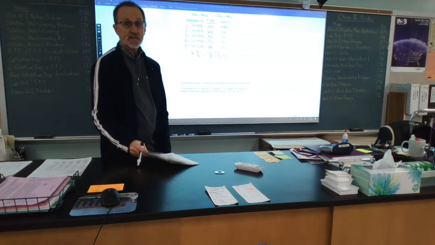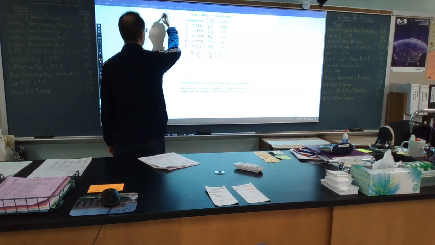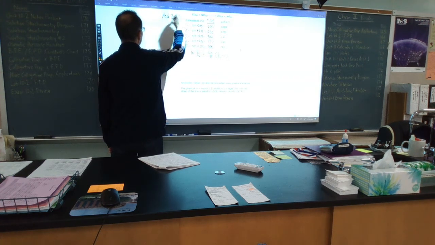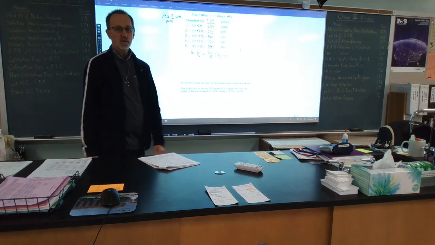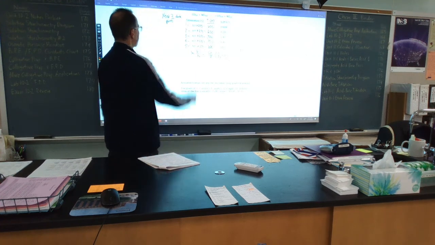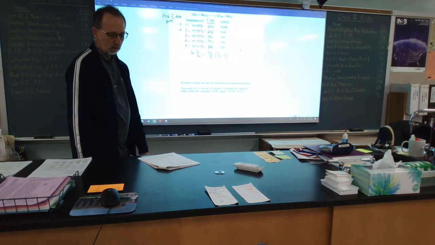We need 2 pieces of data to run through the Arrhenius equation, so I'll make a little note about that over here. We need 2 data points. Will it matter which 2 we use? No, it will not. And so I'm just going to go ahead and pick the first 2, and we'll go from there.